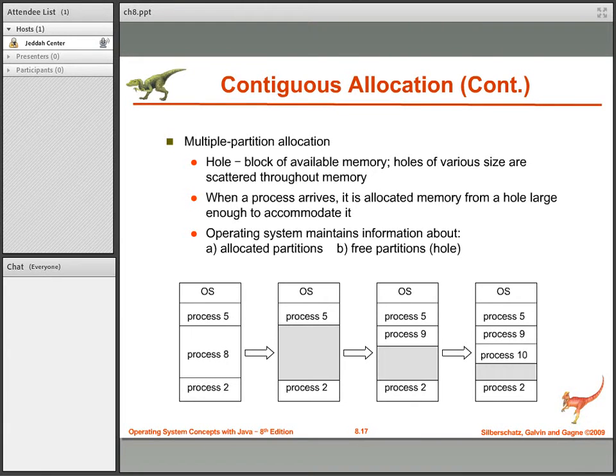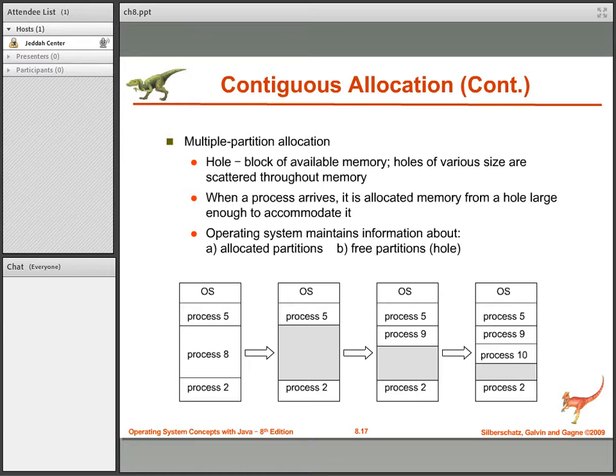Let us define a term called hole, which is a block of available memory. Now, when you keep dynamically changing the locations of the various processes, they would occupy various areas in the main memory.